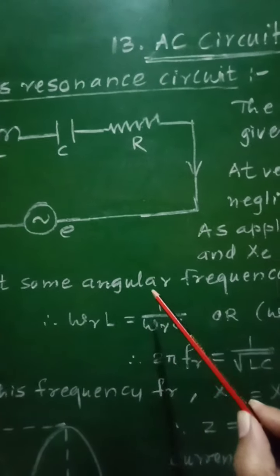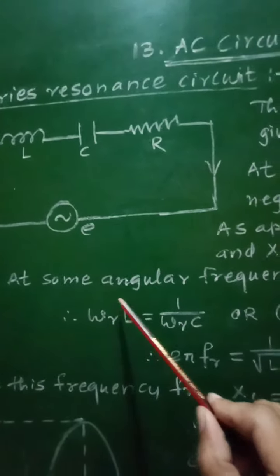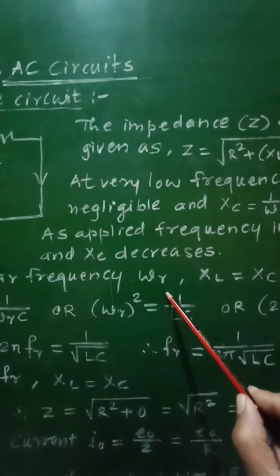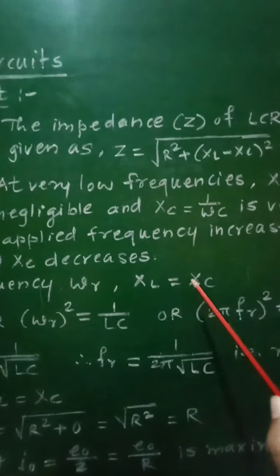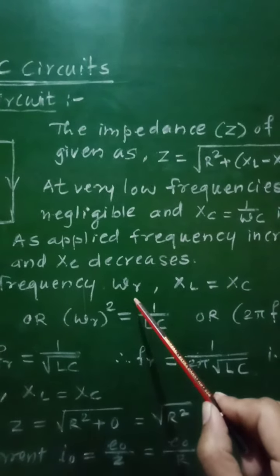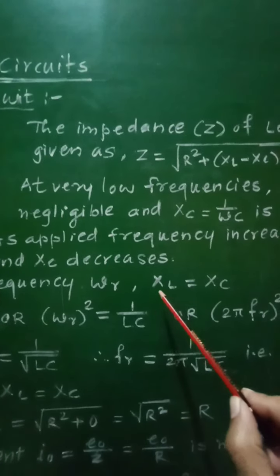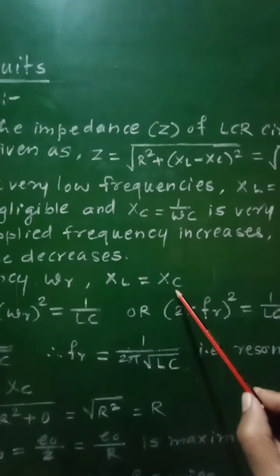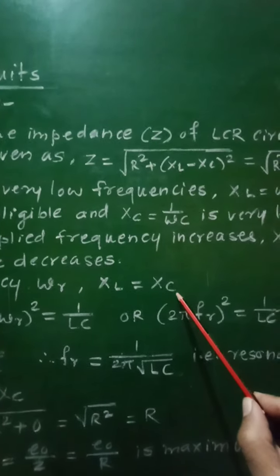At a particular angular frequency, let it be omega R, XL is equal to XC. That is, at a particular frequency omega R, the inductive reactance XL is equal to the capacitive reactance XC.